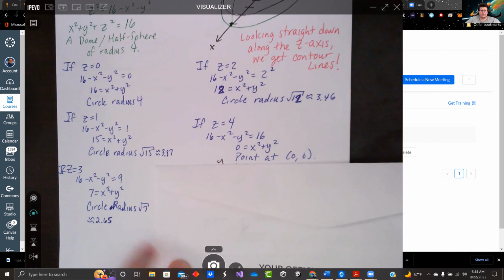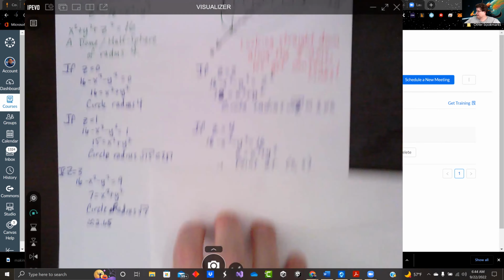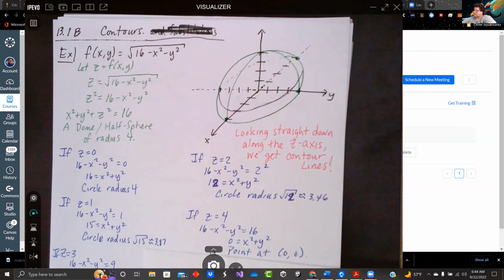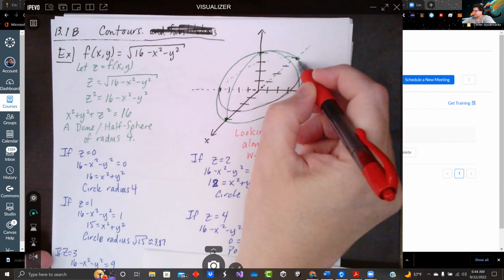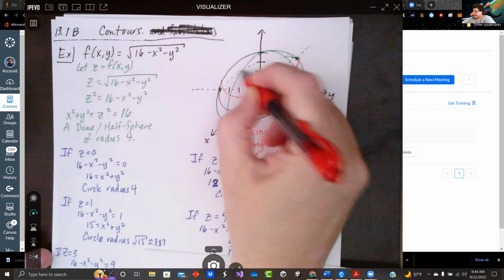Z equals 3. 16 minus 9 is 7, square root of 7 is 2.65. Well, that's a good jump. When we went from z equals 2 to z equals 3, up here on the graph, it's right about here. Like here's 2, and 3.